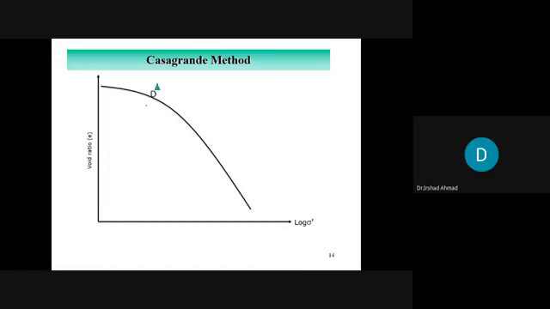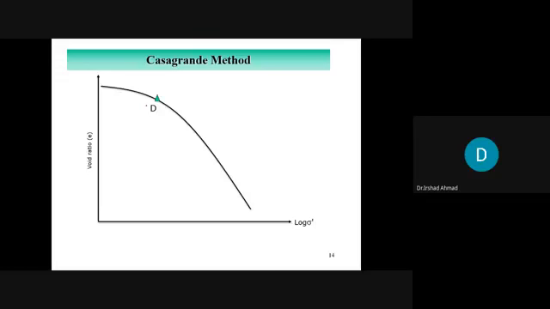Then you locate the point of maximum curvature on the curved part, just by visually seeing which part has the maximum curvature. You just locate it and call it point D.